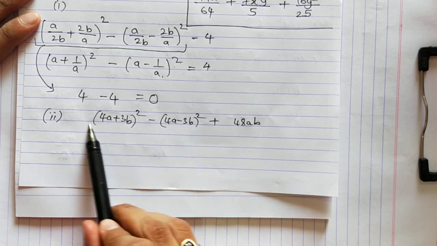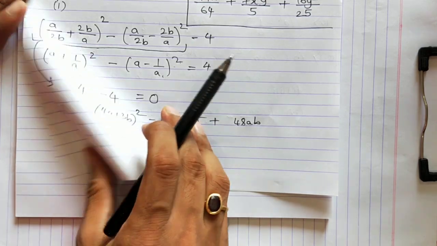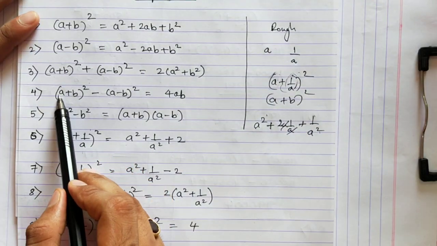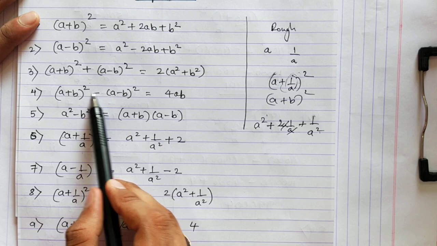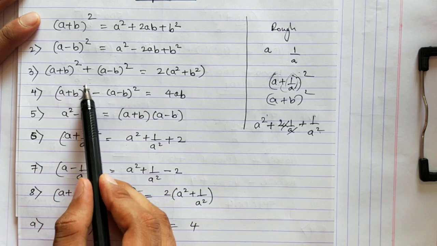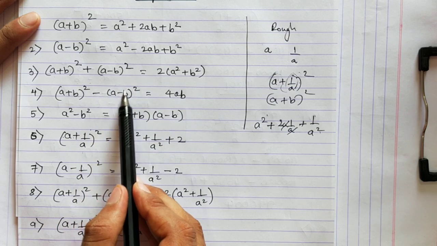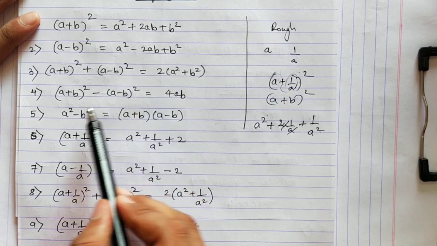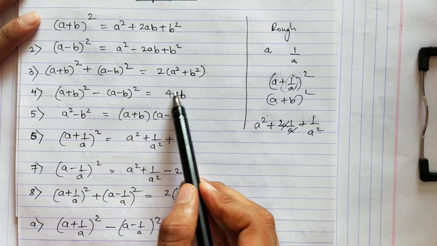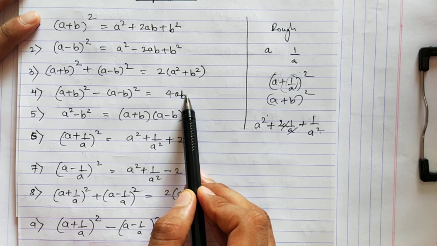So we can equate this with this formula here. See this formula, (a plus b) the whole square minus (a minus b) the whole square, correct? First term plus second term the whole square minus first term minus second term the whole square is nothing but we can replace this with 4ab, means 4 into first term into second term, correct?